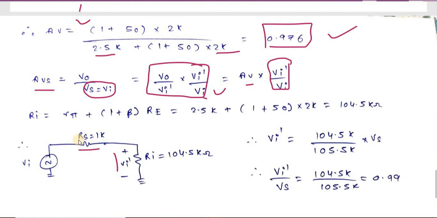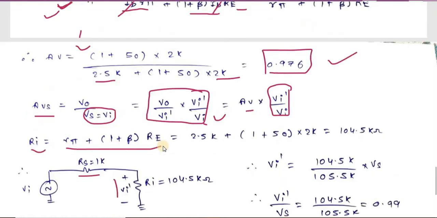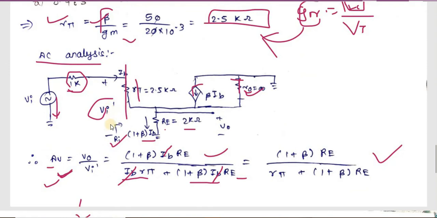If we calculate the value of RI, it is simply R pi plus 1 plus beta RE. As you can see, to make the same IB current flow through this resistance, we take R pi as R pi and RE as RE into 1 plus beta, such that we get the same current, that is IB.